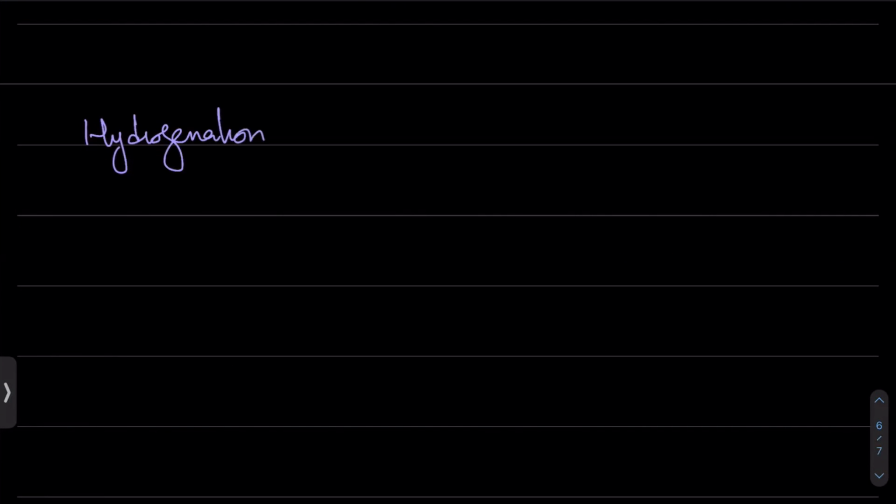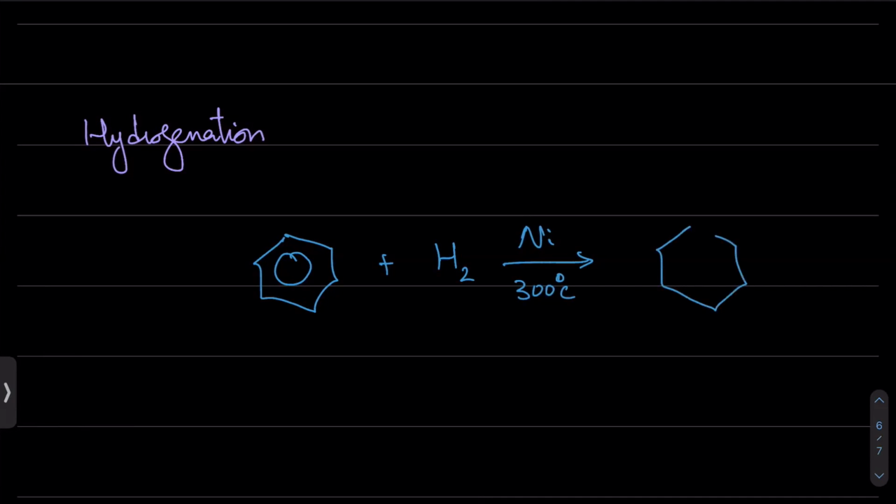So hydrogenation is you take the benzene and you add lots of hydrogen in presence of nickel catalyst at high temperature, usually 300 degrees Celsius, and that creates cyclohexane and the ring goes away. Okay, so that is it. We have made the benzene K reactions.